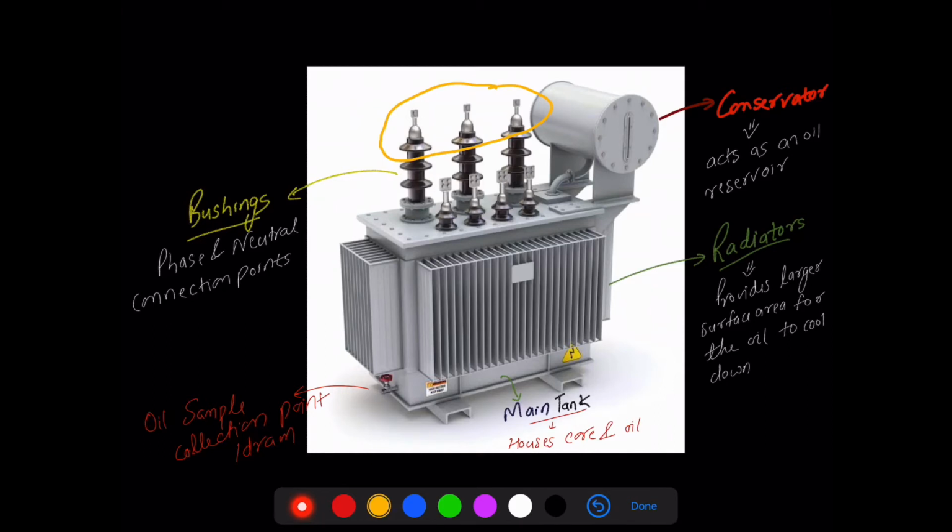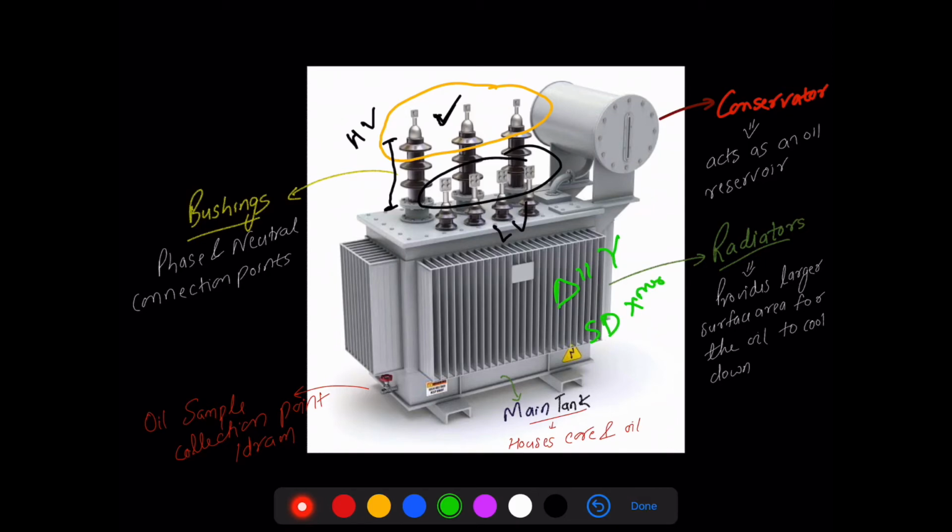Suppose he says that this is the primary side, you have to look at the size of the bushing and say that since this is the primary and the insulation level is high on the primary side because the size of the bushing is very large, this is the high voltage side, this is the low voltage side, and this transformer is a delta to star step down transformer. This is how you're going to answer.